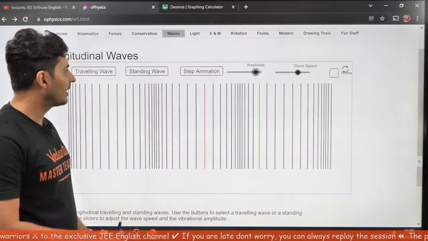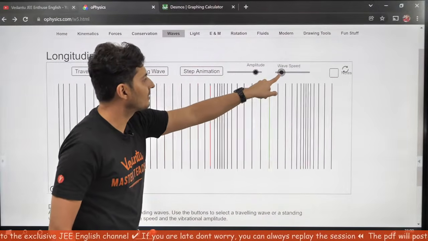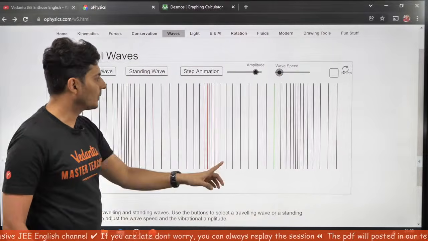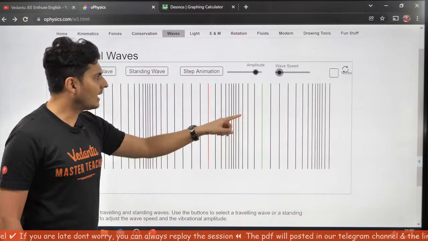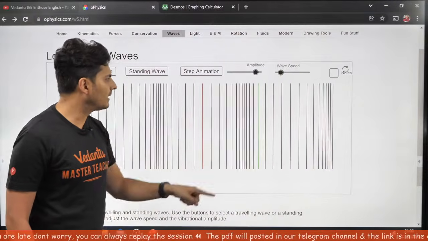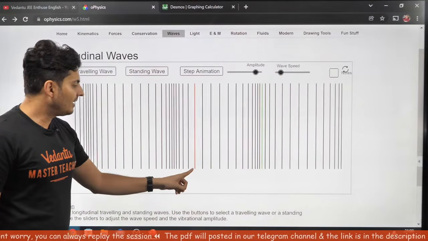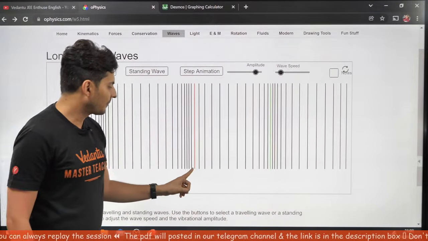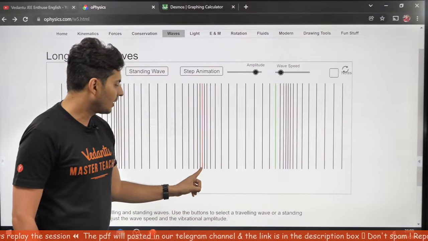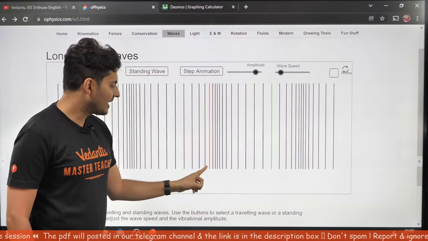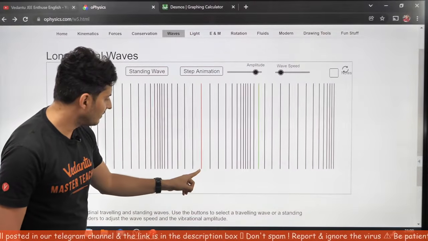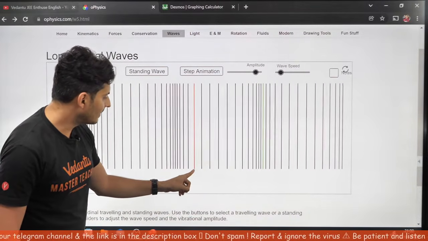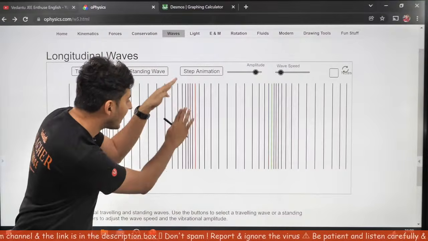But one more thing which I want you to notice, very, very important. Observe this. This is a very slow simulation. Look at any particle. I can probably speed it up a little bit. When the displacement is maximum on either side, the pressure is very interesting. Look at this. When the displacement is maximum right now, the pressure is not maximum.